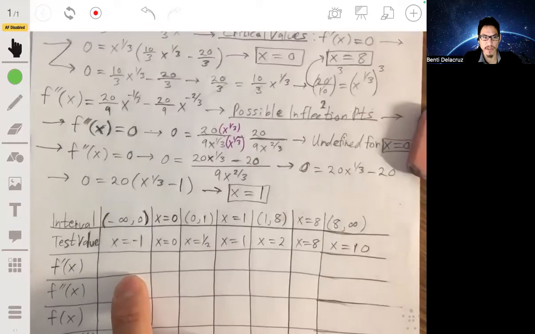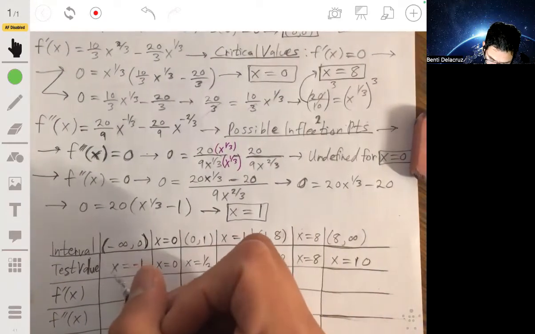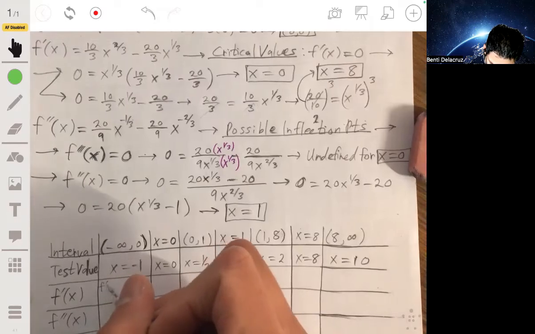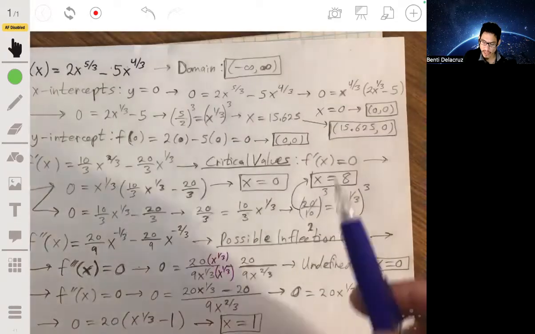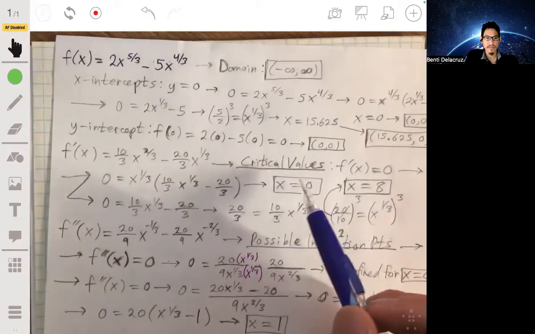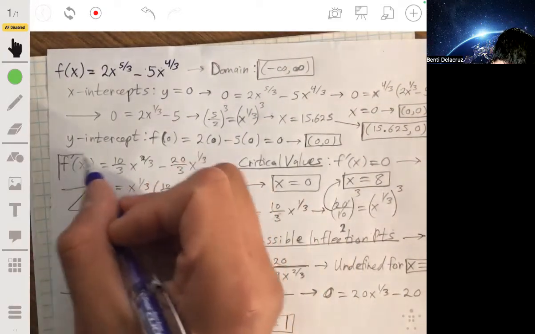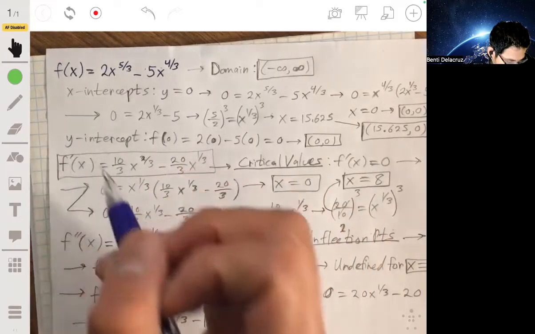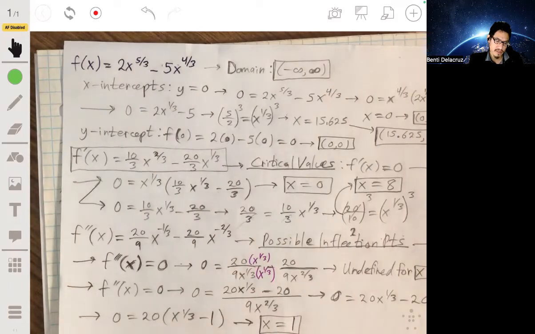So let me do the first one. I'll show you the first one step by step. We want to find f prime of -1. So we're going to plug -1 into the derivative equation, which is over here, and see what the value is there. So for f prime of -1, you'll get -1 to the 2/3 times 10/3.